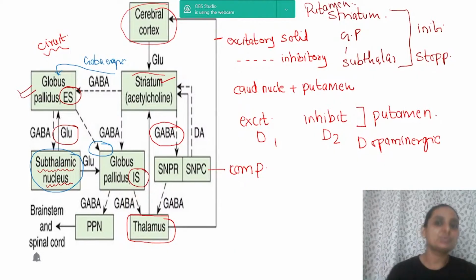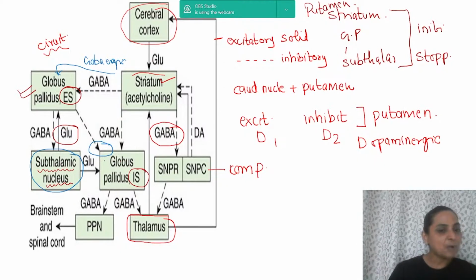Again, to revise, the striatum sends inhibitory GABAergic fibers to the globus pallidus, which in turn inhibits the subthalamic nucleus. But the subthalamic nucleus excites both the internal and external segments of the globus pallidus.